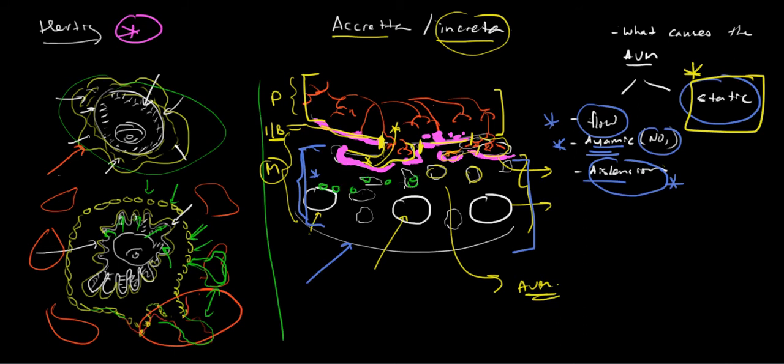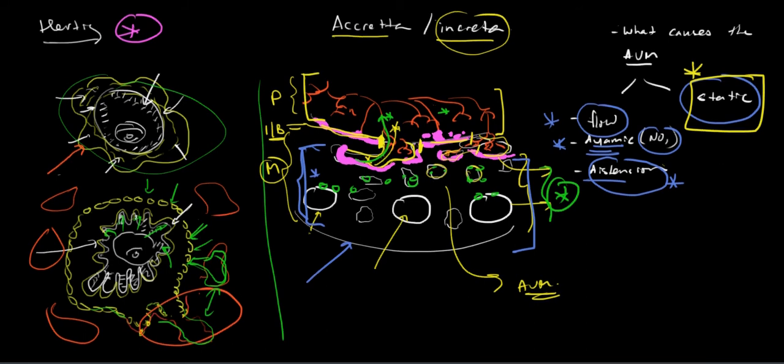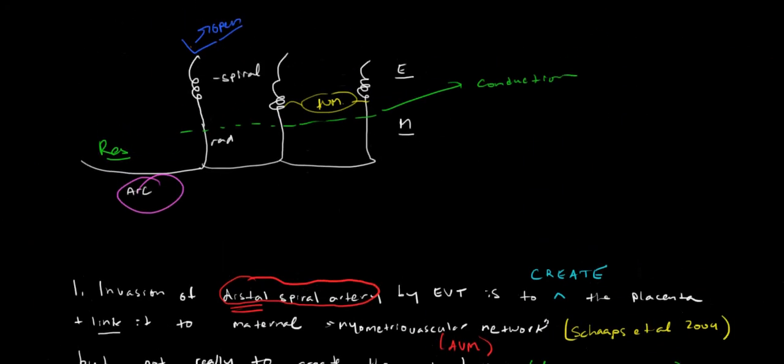And therefore, it's my contention that the flow properties, the high conductance, low resistance flow that ultimately goes into the maternal space, is caused by the remodeling that occurs here and not by the remodeling that occurs in the spouts of the spiral arteries. But that needs to be further developed.